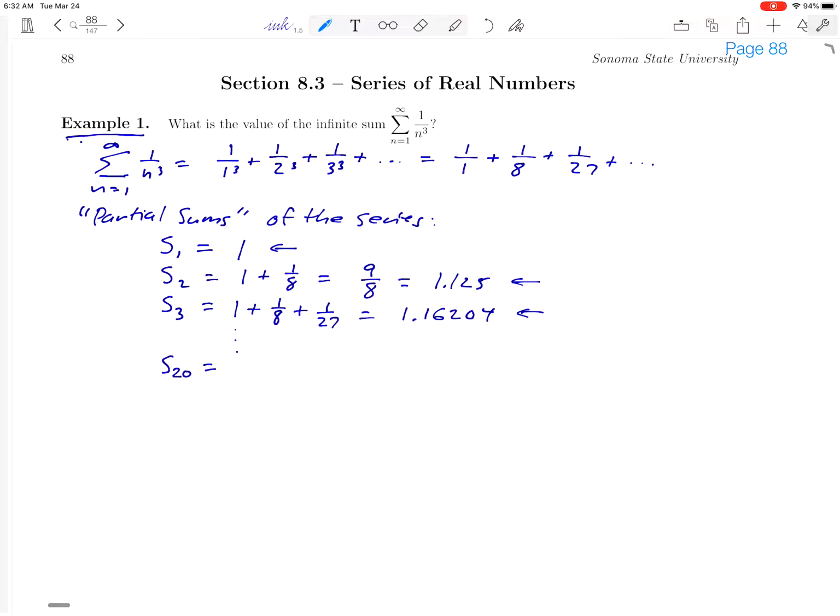This would be difficult to do by hand, for example S20, the sum of the first 20 terms. So I went to Mathematica and actually had it add up the first 20 terms for me. And here's what it came up with. Then I had it also add up the first 40 terms, and then the first 80 terms.